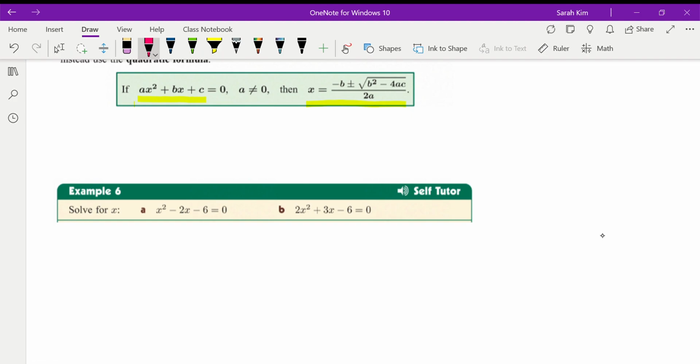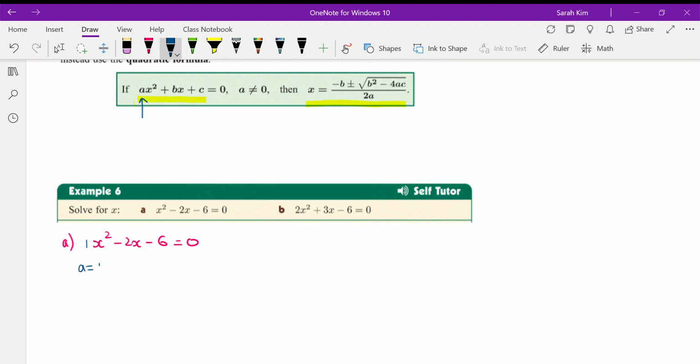So our first equation, I'll just write it down again. Something you need to make sure of is that it's all on one side and equals 0 on the other side. Now, a is the coefficient of x squared. There actually is a number there, it's just invisible because there's no need to write it: it's just 1.